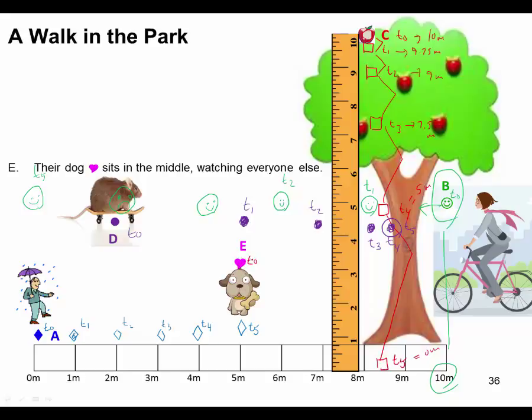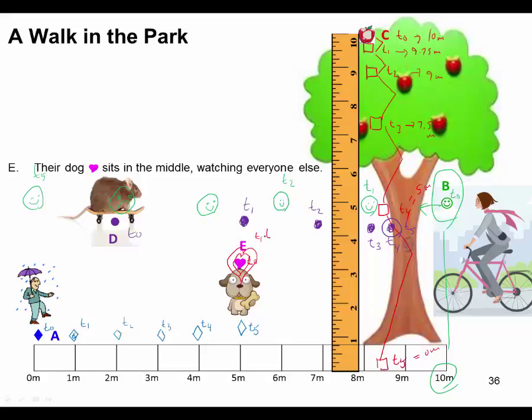At time 1, what has he done? Well, nothing. He's still at 5 meters. And like we did over here when Stuart Little stopped for the last time interval, we just circled the previous one to show that he's still there. So I'm just going to draw another heart around that. And that's also time 1. Time 2, he's still going to be staying there. So we can draw another heart around that one to show that he's at the same spot.